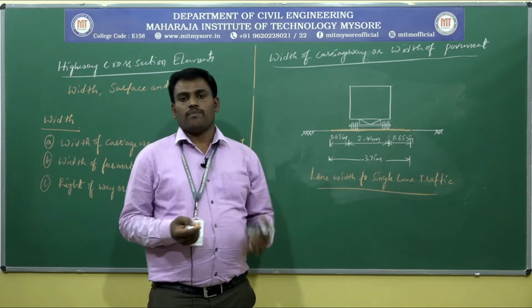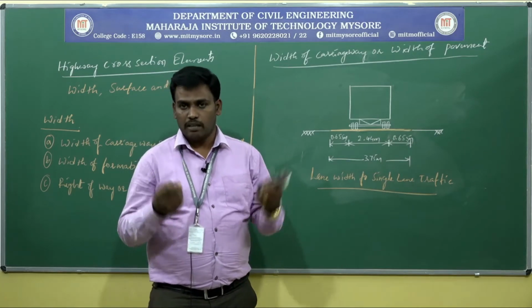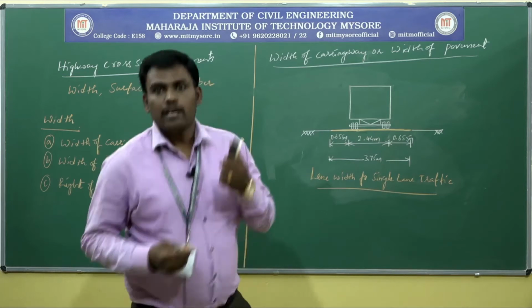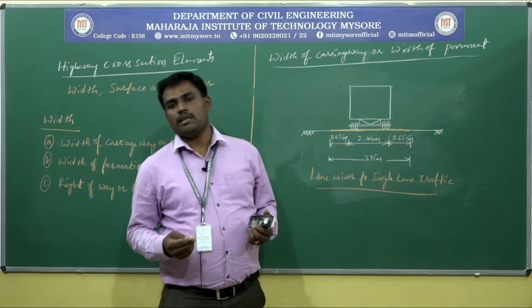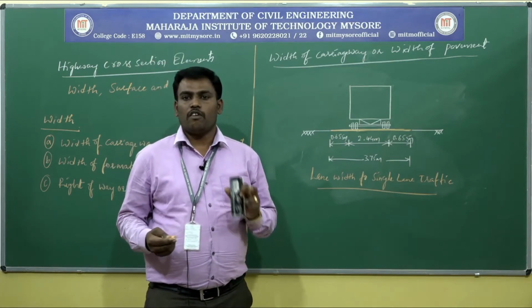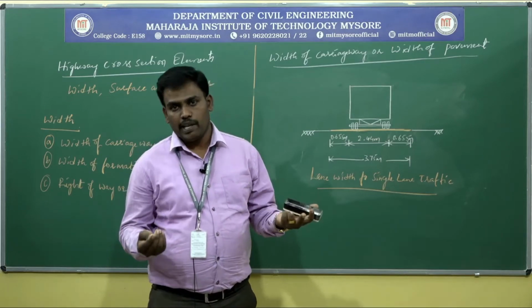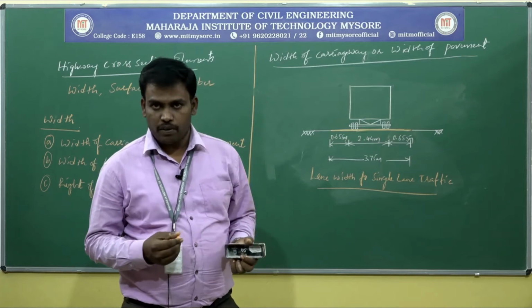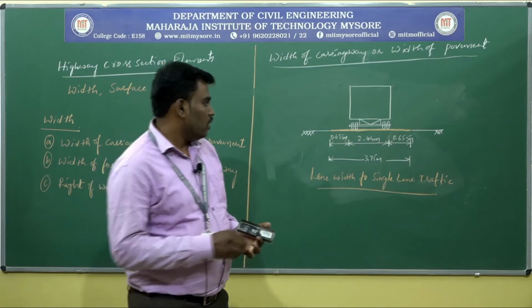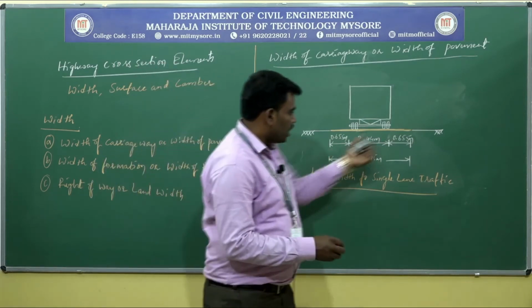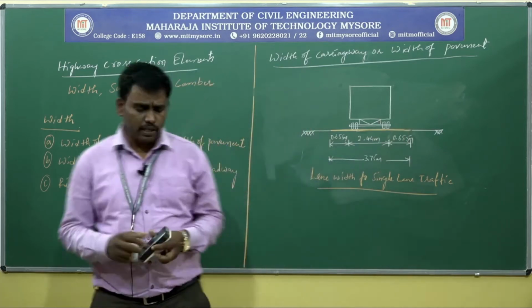Okay, that's the minimum width required for the double lane road. It is about 3.5 meter for each lane. Then for two lane it is 7 meter. Okay, with the help of the same figure I'll continue with the double lane road also.